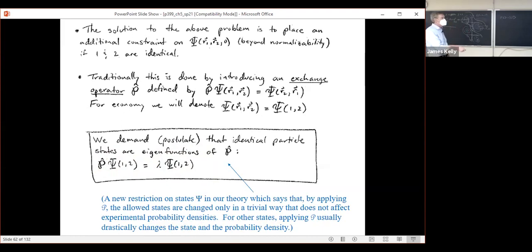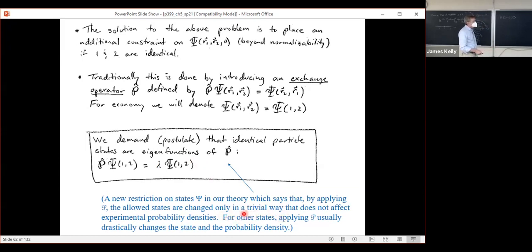The whole problem that I pointed out before was that psi with the one variables first and the two variables second was totally different as a function of x1 and x2 from the two first and the one second. But here, we're supposed to get the same probability density as a function of x1 and x2. Generically, that's not true for other states.